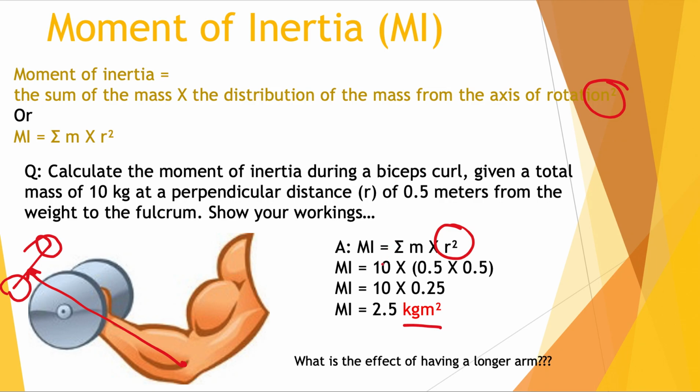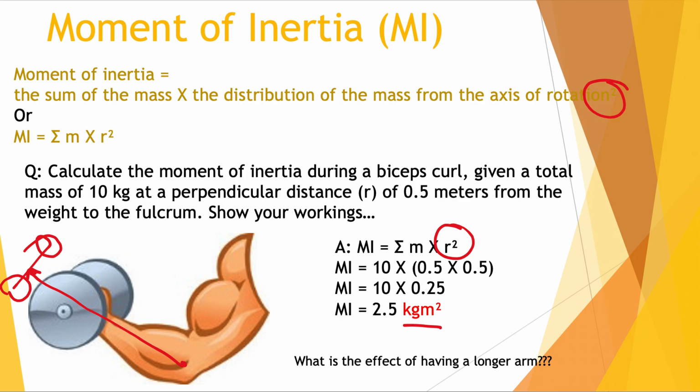So for a discus thrower, a long lever arm works over a long range of movement and generates a large amount of acceleration, which ultimately means that they can let go of that discus at a really high rate of acceleration.